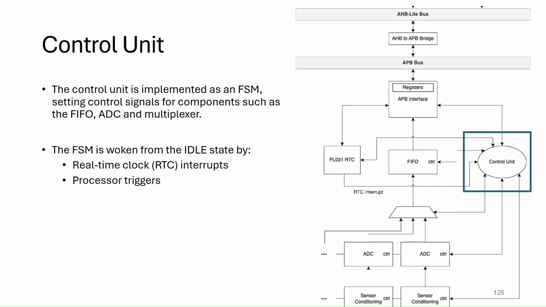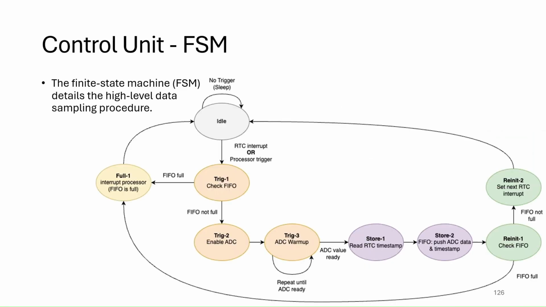But also, as control unit, we implemented a finite state machine that combines the FIFO, the ADC, and the multiplexer. This one works with the RTC that was provided by SoC Labs and the processor triggers. This is the diagram of the finite state machine.